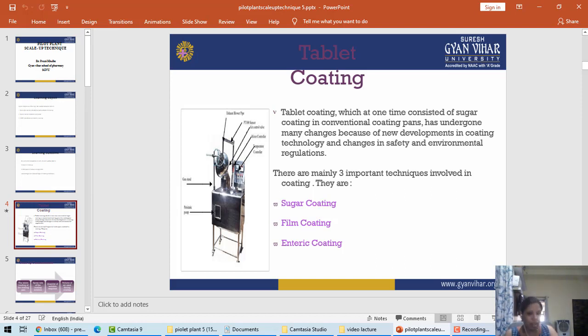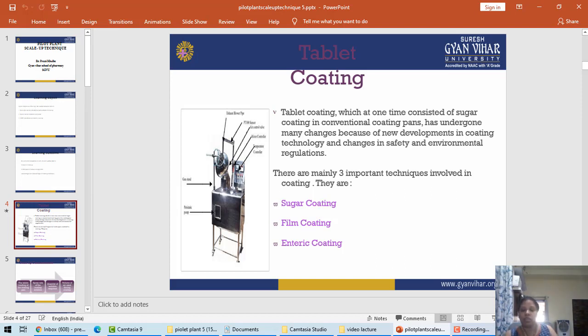Enteric coating is a special type of coating in which we coat the tablet with such type of material so that the material will only dissolve in our intestine, not in our stomach. When we take the tablet, it first goes to our stomach, then into the intestine. In the stomach we have acidic pH, whereas in the intestine we have basic pH.